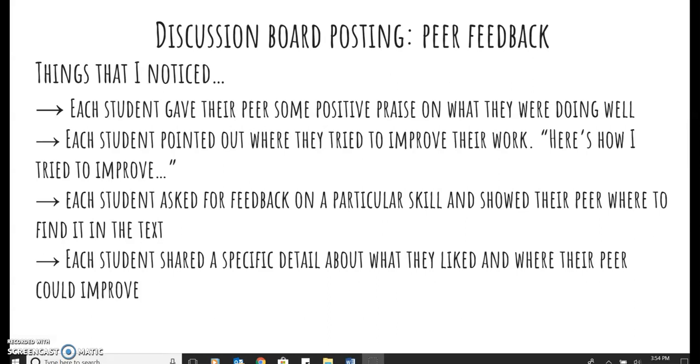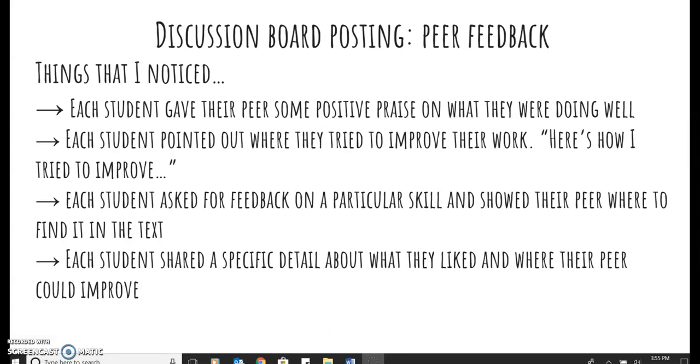Make sure that you're doing this today when you start your discussion posts and you start responding. Second thing that I noticed was that each student pointed out where they tried to improve their work. So for example, the boy said, here's how I tried to improve my introduction. And he showed her his previous introduction and how he had made improvements. All of that information was available in the post and was available on his document so that the student could see it.